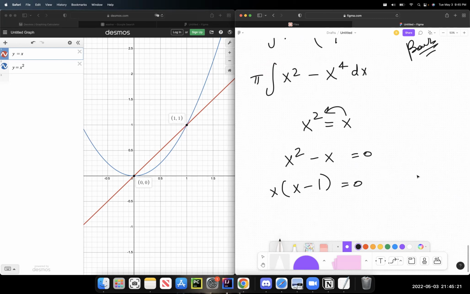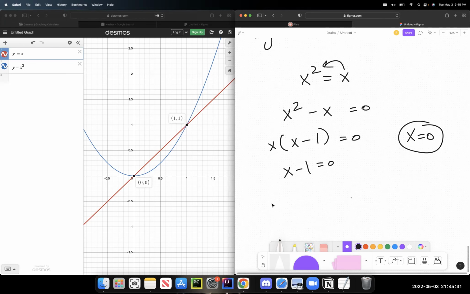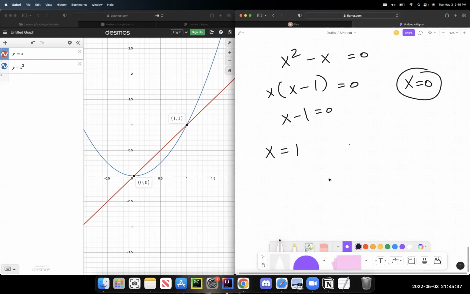So you can set x equal to 0. That's one of the bounds, which we've confirmed here. As you can see, it is in fact x equals 0. Then you can do x minus 1 equals 0 and then solve. So x will equal 1. And we can see that that is also a bound. So this basically will resort to doing pi times the integral of x squared minus x to the fourth dx from 0 to 1.